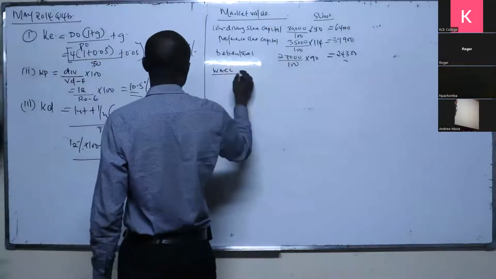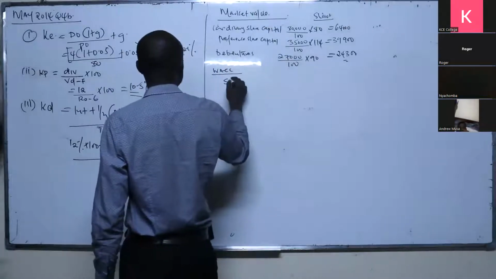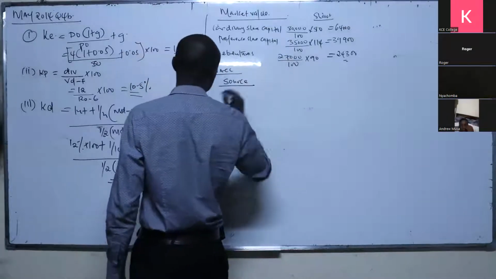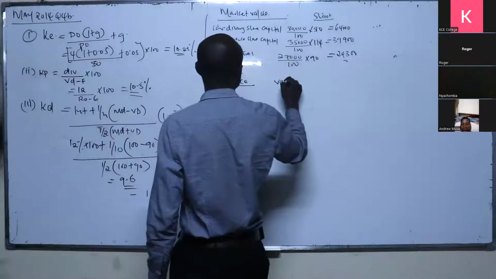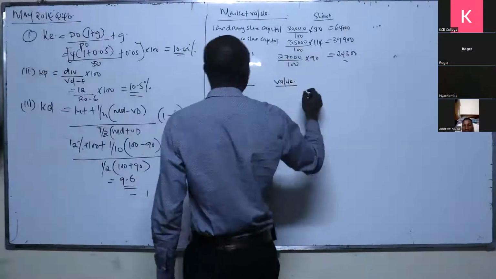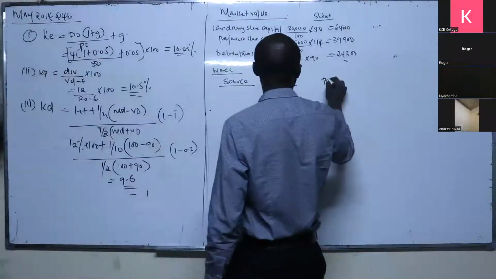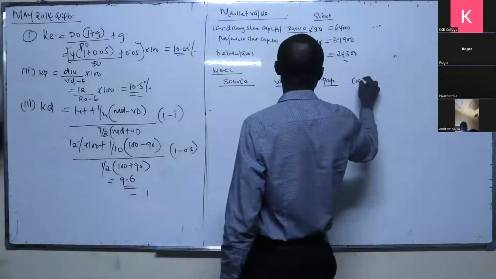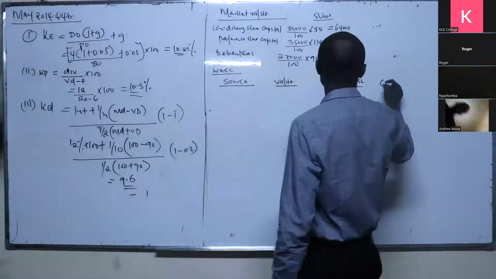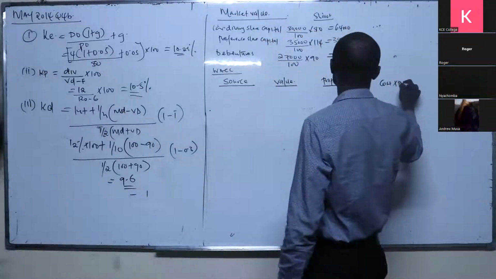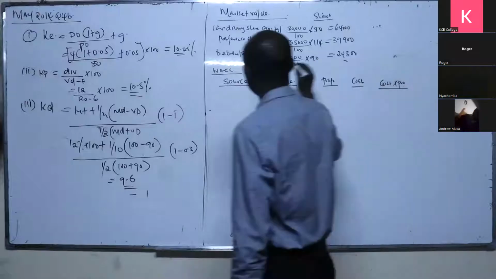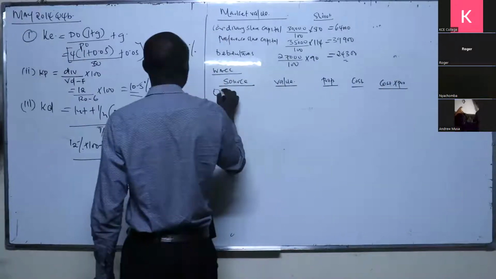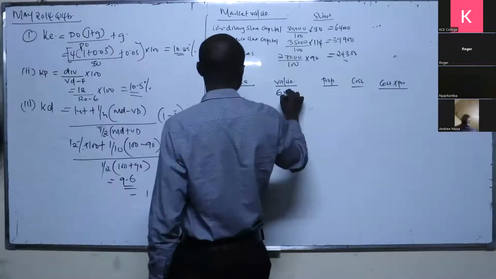Weighted average cost of capital. So here you say the source. You can use this formula: the source, and then the value, then here we have the proportion, and then here the cost, then here cost times proportion. So the first one is ordinary share capital. The value is 64,000.